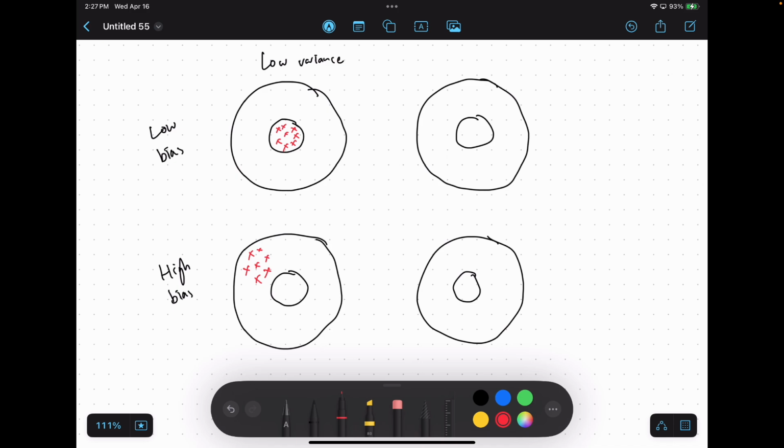And so if you think about a ground truth about where data is functionally located, what values those might be, if all of my predictions are not close to or are not centered around that truth, then I have higher bias, right? So bias is like, especially if you are kind of on one side.